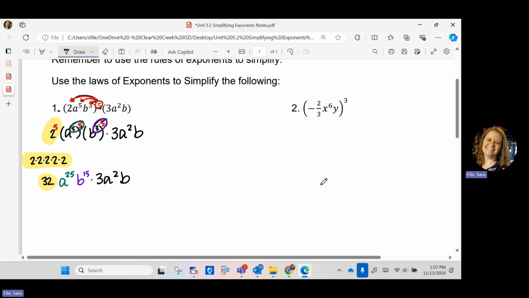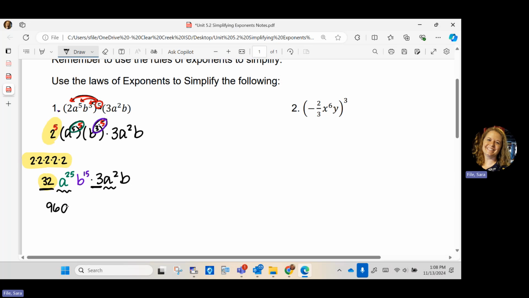Okay, so now we multiply the like base terms. In this case, we've got a constant of 32 and 3. So we need to multiply 32 times 3, which is 96. Then I've got a's. I've got a to the 25th and a to the 2nd. When you are multiplying like bases, remember the rule, the product property, says that you add the exponents.